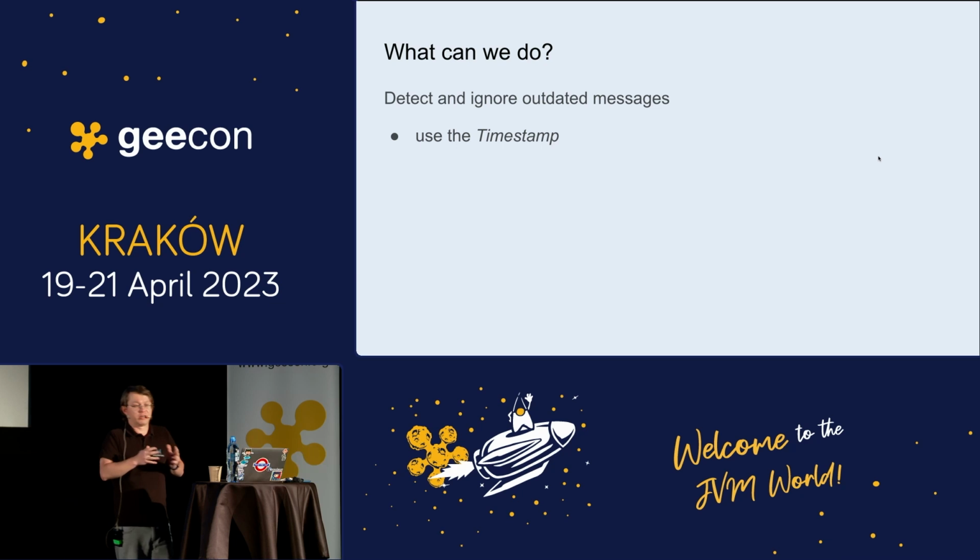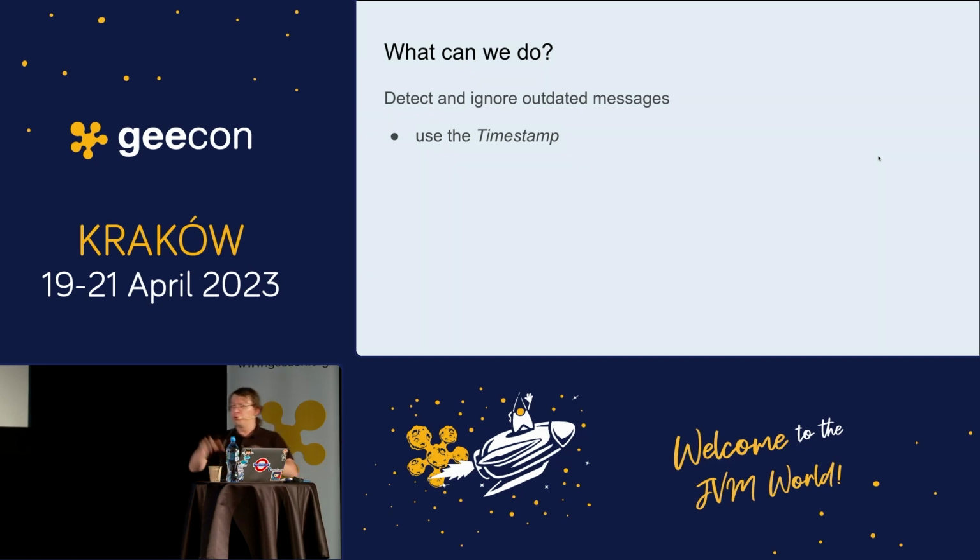For example, Cassandra also uses timestamps to detect the last write and resolve collisions. And in Hazelcast, we also use timestamps in some places, but besides timestamps, we also try to synchronize the clocks of different nodes.